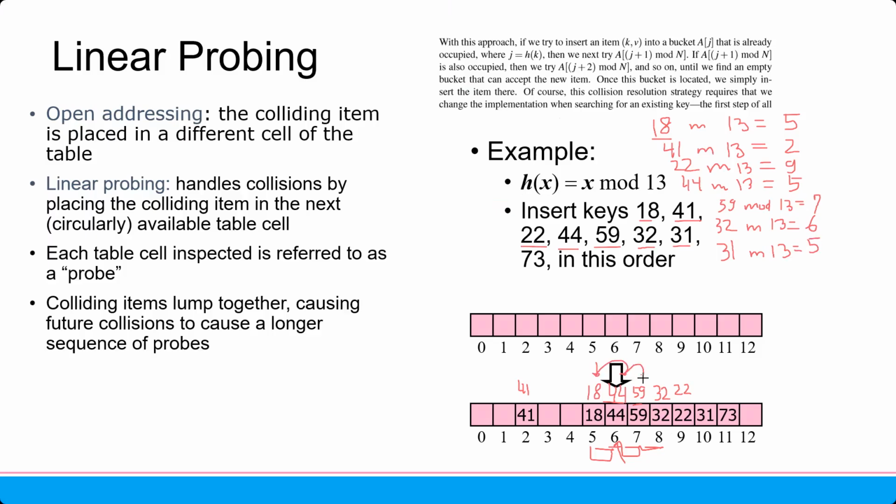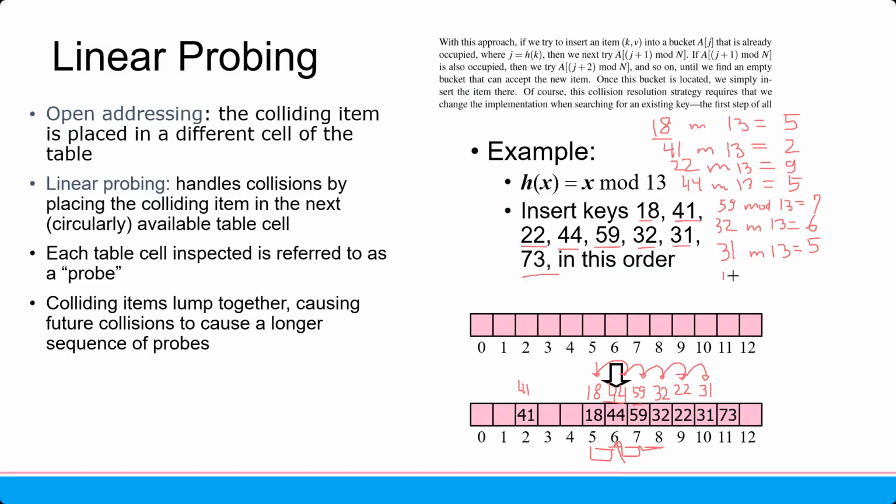We go to 7. In the 7, we have another value. Go to 8. In the 8, we have another value. So we go to 9. In the 9, we have another value. So we go to 10, which is empty. And now we put this one in this list.